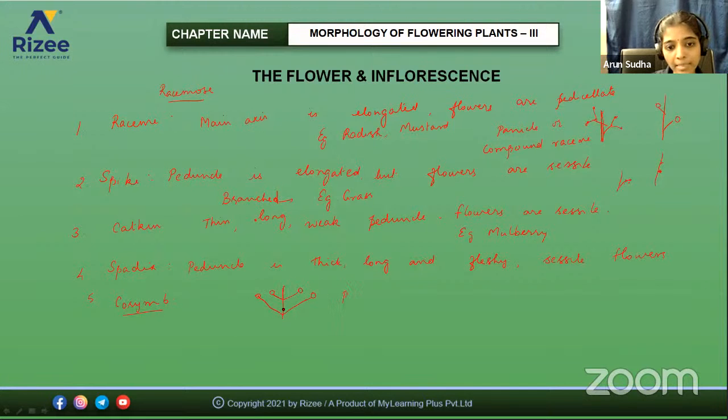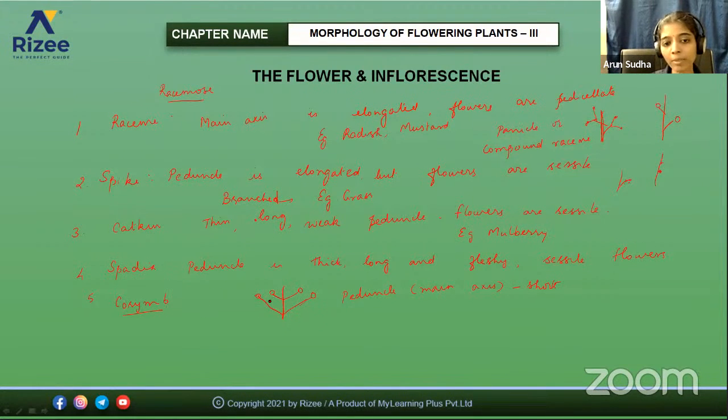The main axis is short in the case of corymb type. Peduncle is nothing but the main axis. All the flowers that are present will be at the same level, because the lower ones will have the long pedicel, so this is the pedicel or the stalk, and the upper one will have the short pedicel. So the main axis is actually short in the case of corymb inflorescence.